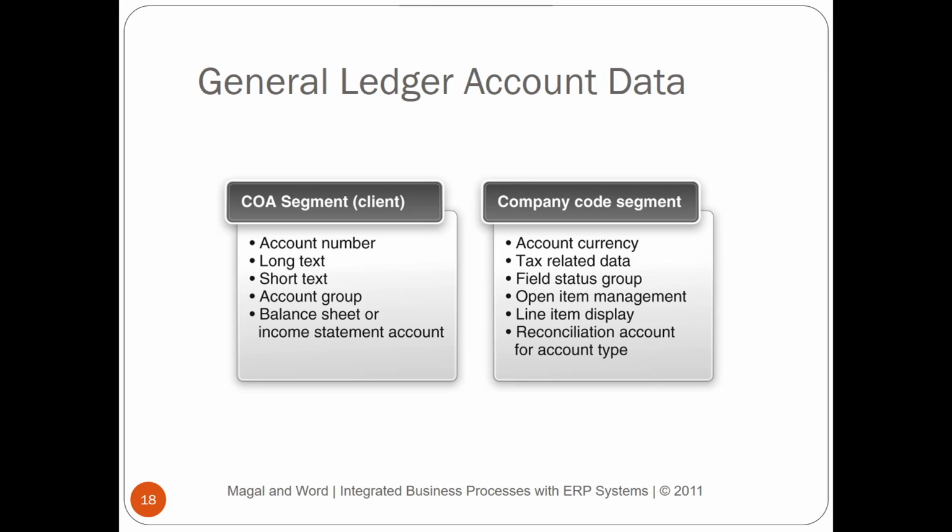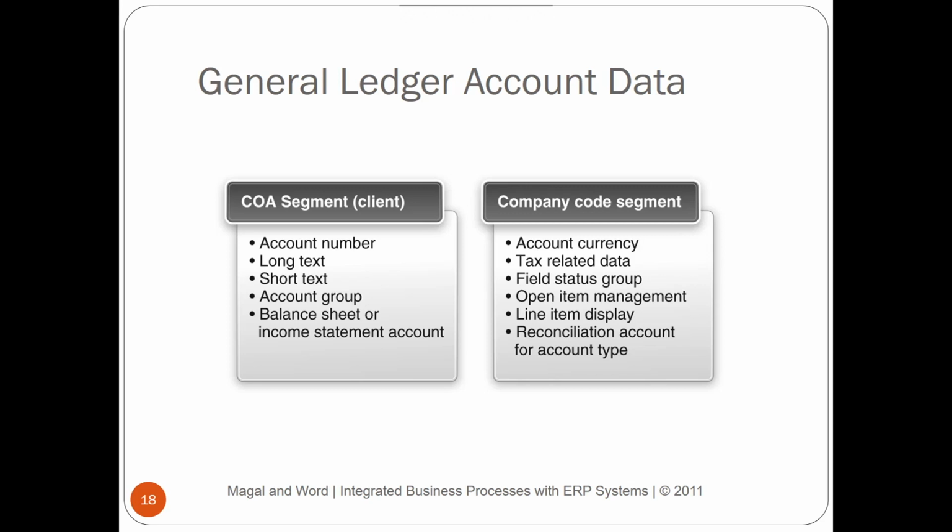Each account is assigned a unique account number to distinguish it from other accounts in the COA. Each account also includes a long text, or description, and a short text, or brief description of the account.